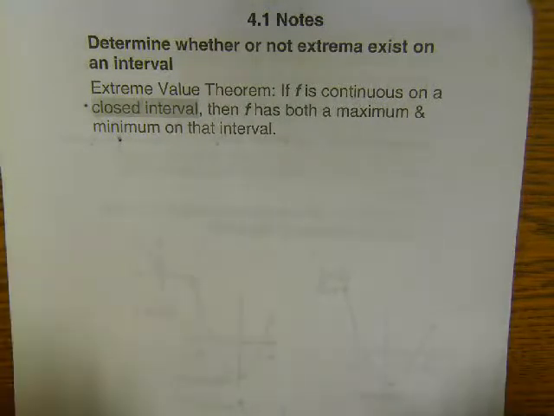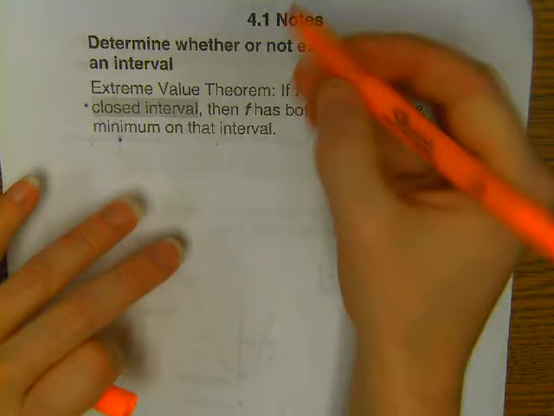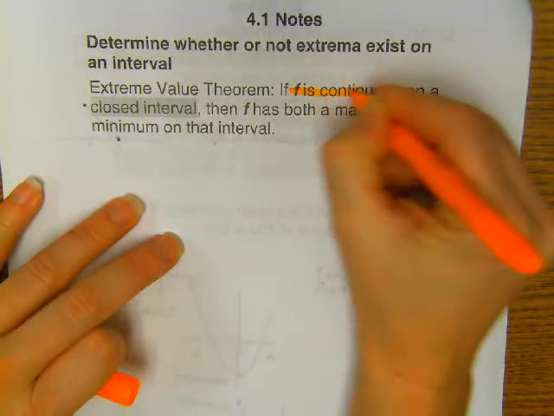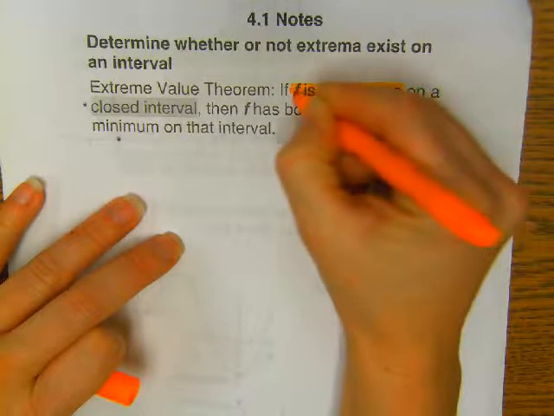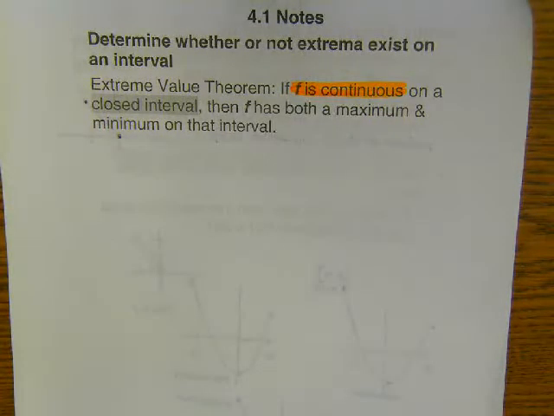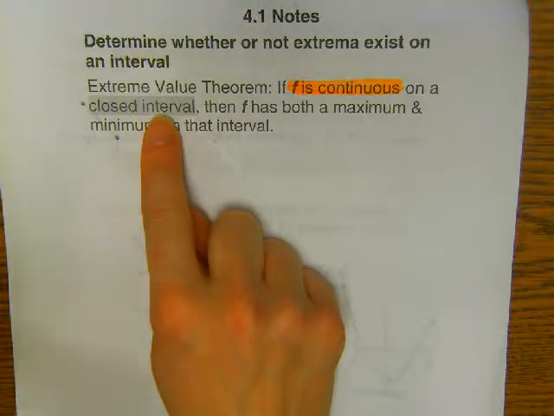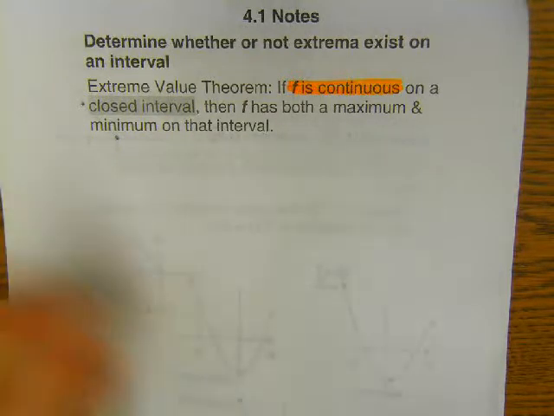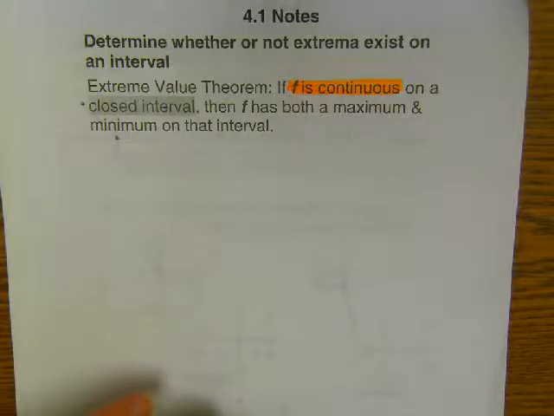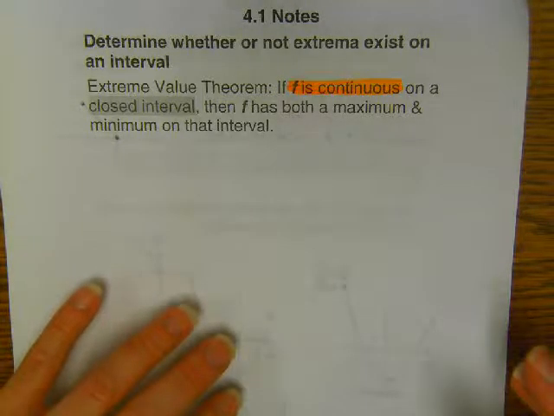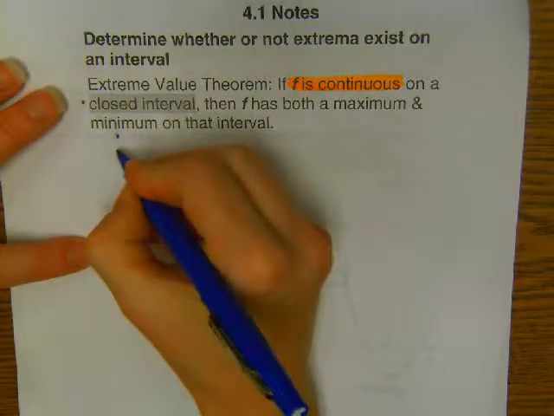The extreme value theorem is only true if f is continuous, and so that last example I showed you did not have both a maximum and a minimum, and that was because the function was not continuous on the interval. Okay, so if you have a continuous function on a closed interval, these are two things that have to be true. Both of them have to be true. You need to check both. Then f has both a maximum and minimum on the interval. And the maximum or minimum could be an endpoint of the interval.